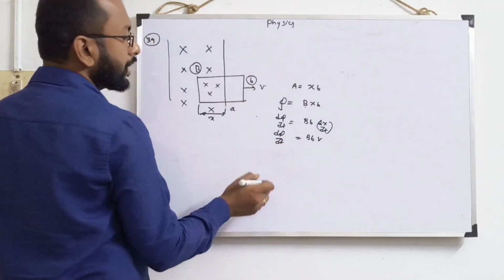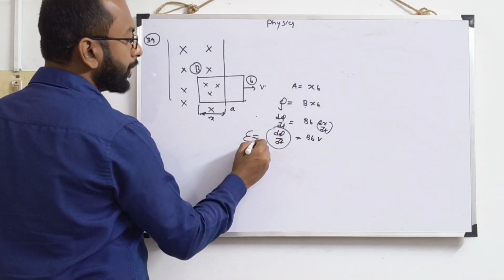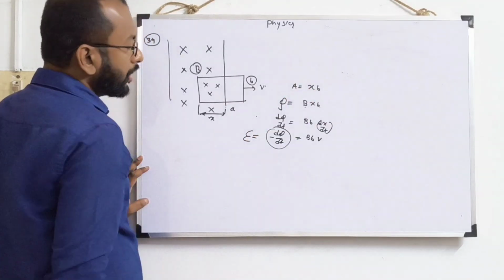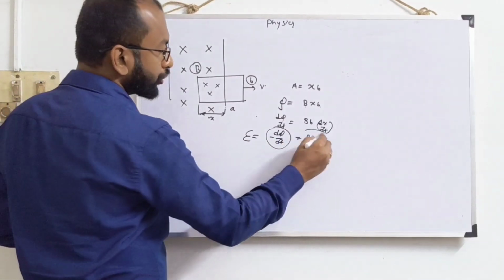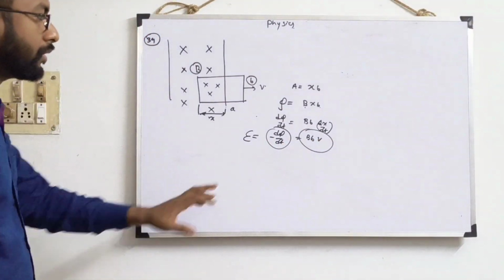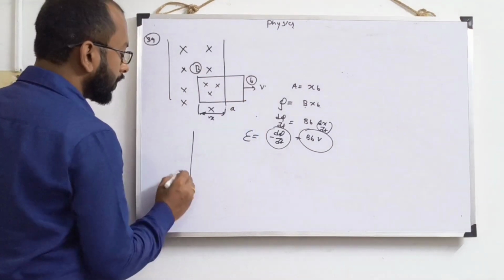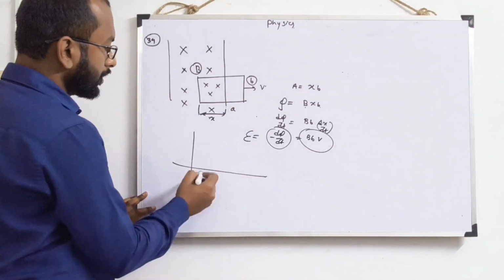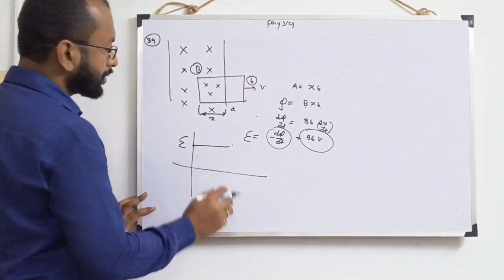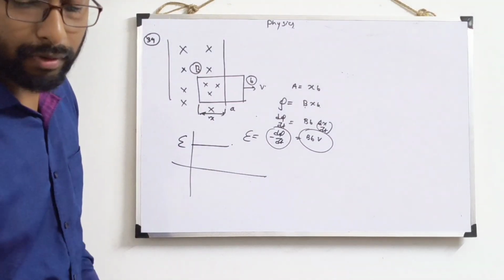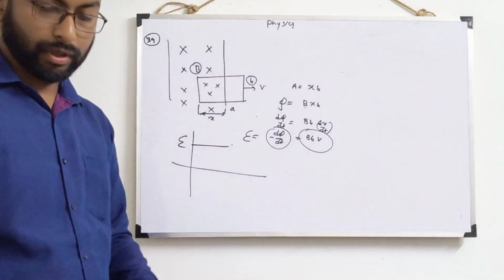So you are able to see that d phi by dt, that is the induced EMF, of course with a minus sign, is a constant term, B into b into v. So the graph will be constant like this. So that is the answer. Answer is 4.